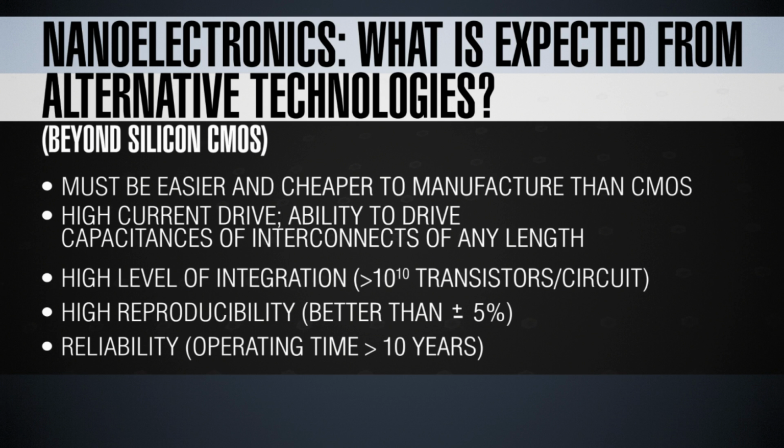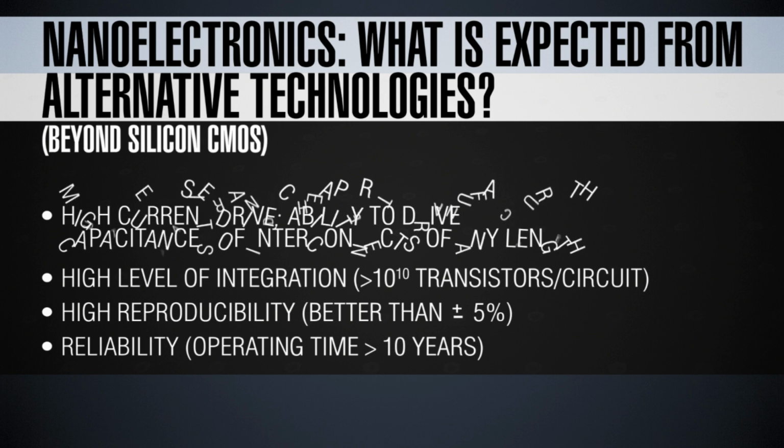That is, you have to be able to drive the capacitance of interconnects of any length. Very high level of integration, greater than 10 to the power 10, or 10 billion transistors per circuit, high reproducibility, better than 95%, and reliability, with an operating time hopefully of about 10 years or greater, because we are used to that.